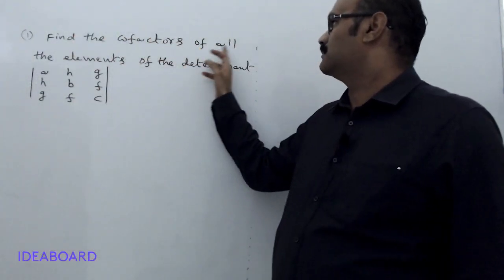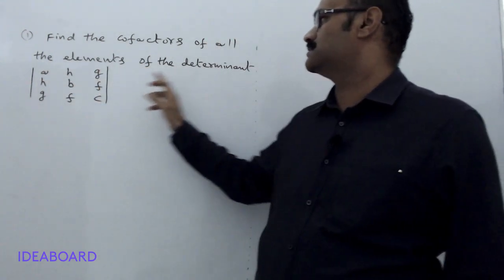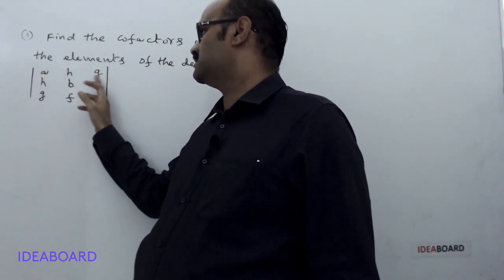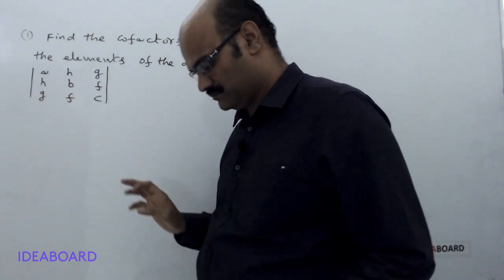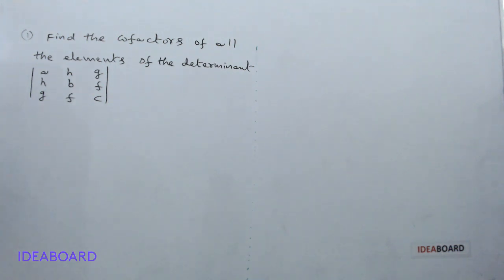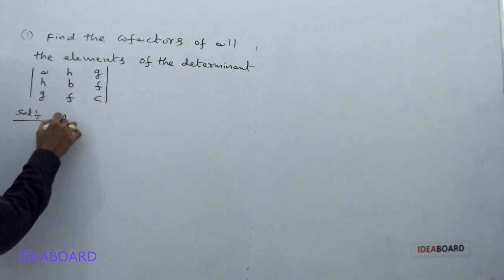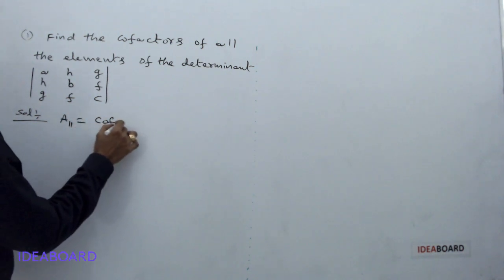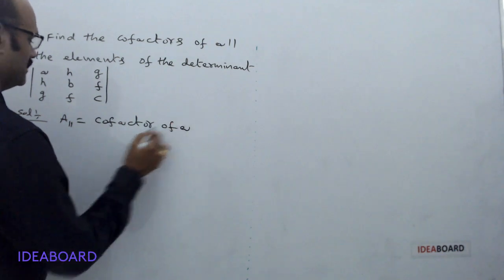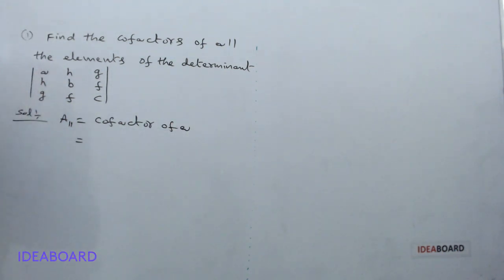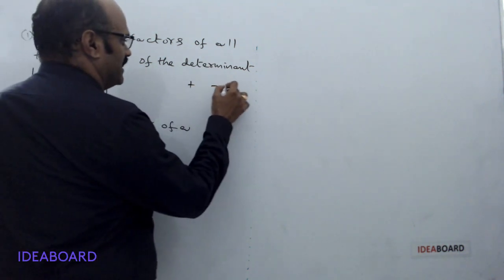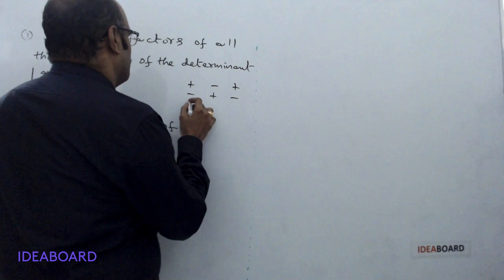Find the cofactors of all the elements of the determinant of A, H, G, H, B, F, G, F, C. Here A11 equal to cofactor of A equal to, whenever we have a 3 by 3 matrix, while finding the cofactors of each and every element, we can take the signs directly, plus minus plus minus plus minus plus minus plus.